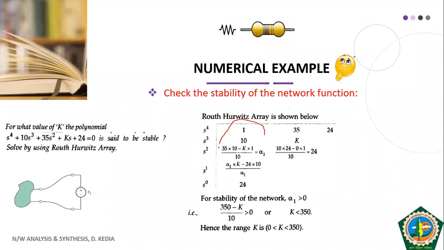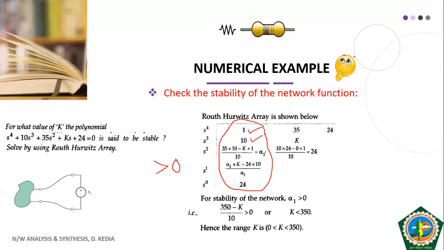Now we have got the first column of the Routh array. And I told you that for stability, there should not be any sign change in this first column of the Routh array. And another thing is that for stability, all the elements of this column must be positive, that is, they must be greater than 0. So this 1 is greater than 0, this 10 is greater than 0.